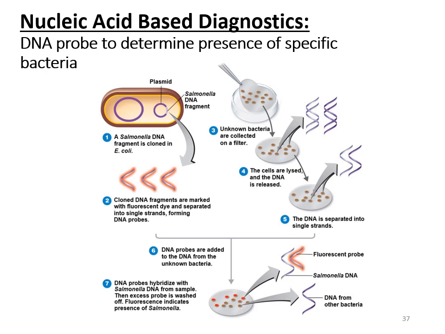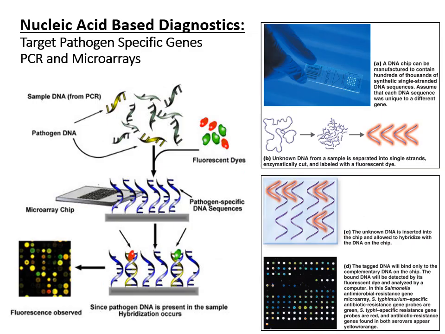Okay, one more example of this, microarrays. So one more example of nucleic acid-based diagnostics are microarrays. It's the same concept that I was just talking about, just now it's on a specialized computer-looking chip, okay, kind of like you can see here. And again, it's that same idea where you will have these small fluorescent probes looking to see if the pathogen DNA is in the sample of patient's DNA.